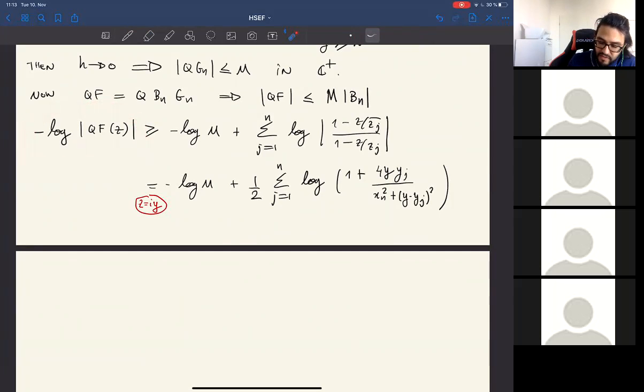But this cannot be 0 for every y, because this function here is not identically 0. So if I take y small, there will be a bunch of them that I can put here, and this will give me a finite number. Okay, so I'll just pick one of these y's, which is positive but small.